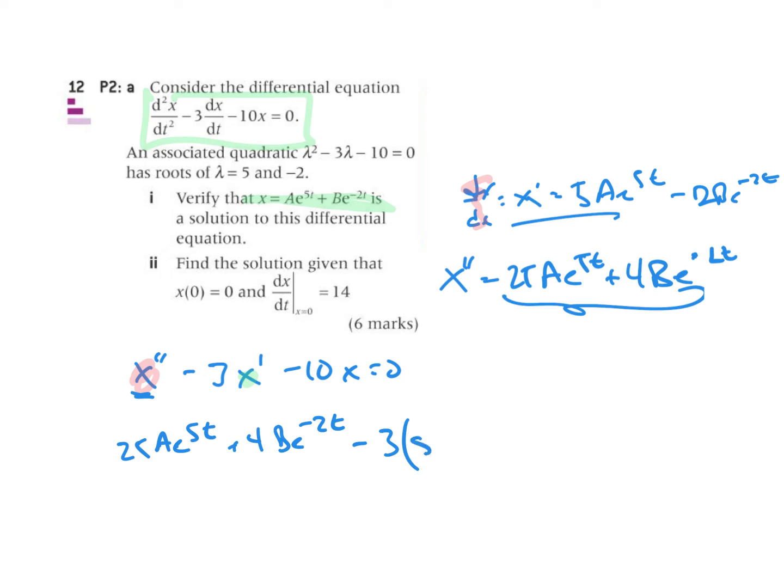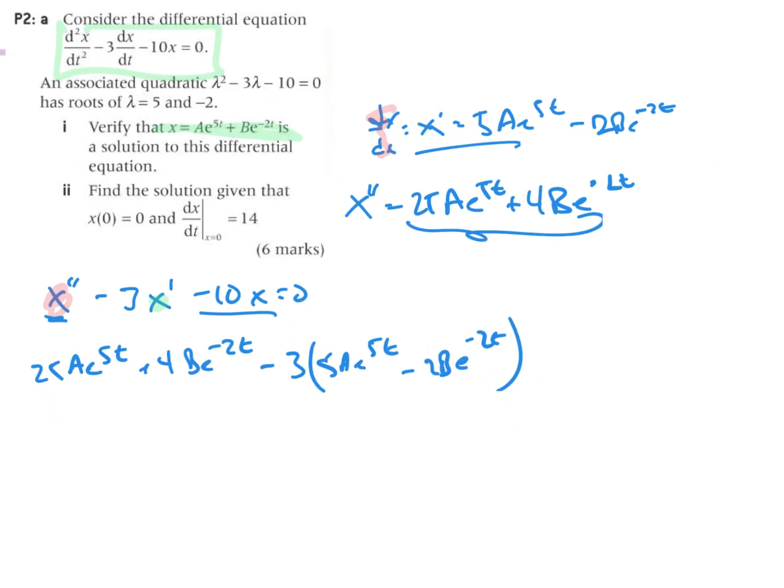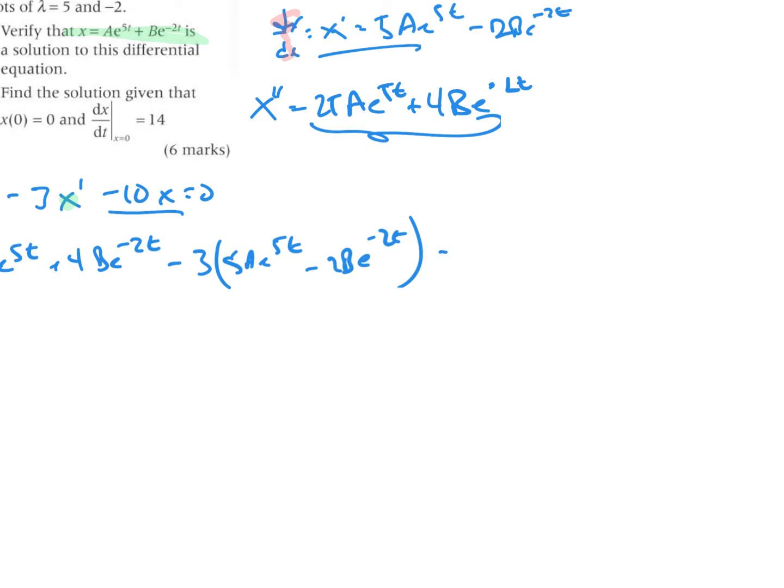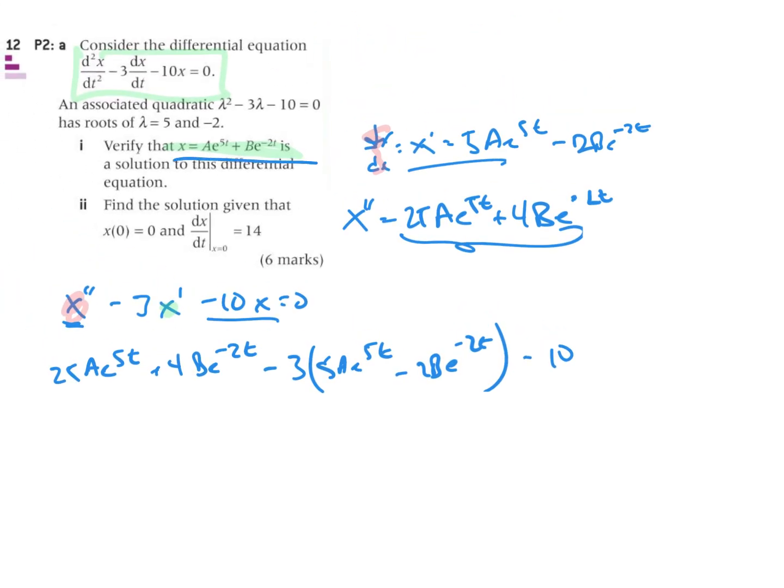So I have 5ae^(5t) minus 2be^(-2t). And then finally, I have the minus 10x. Well, the minus 10x is this value here: ae^(5t) plus be^(-2t).